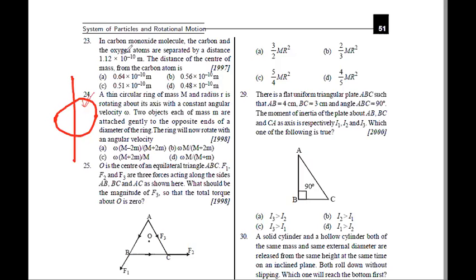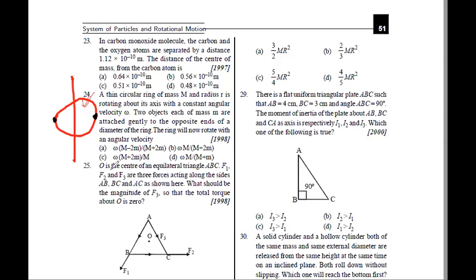Because of these two masses, is there any external torque? No, there's no external torque because of these two masses. So what will change? Omega will change, right?